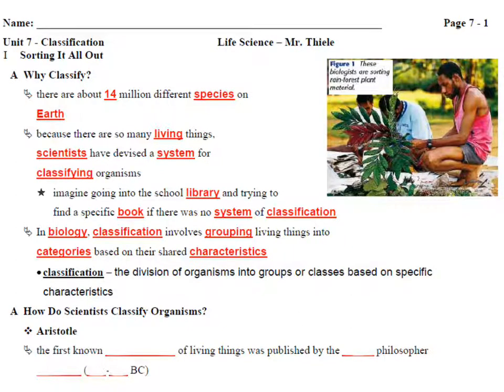The first known classification system of living things was published by the Greek philosopher, a famous Greek philosopher known as Aristotle. Most people have heard of him. He lived from 384 to 322 BC. So we're talking about 2400 years ago when the first known classification system was published.